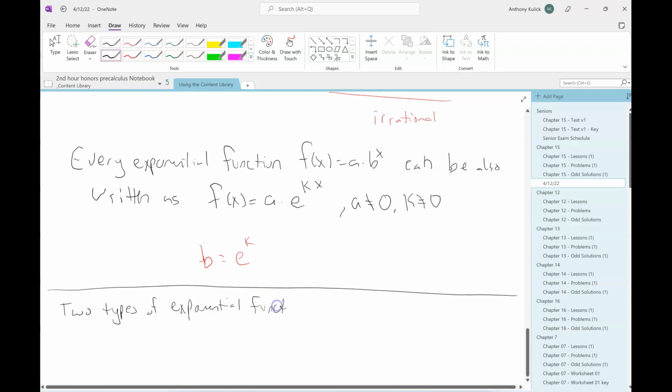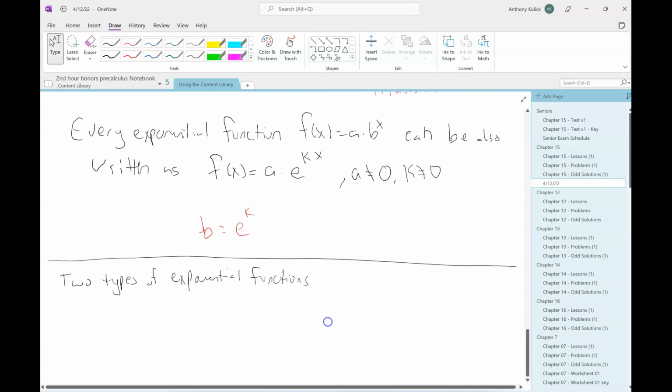So we have two different types of exponential functions. We have exponential growth, and exponential decay. So the growth is if the a value is positive and the b value is greater than 1, or if the a value is positive and the k value is greater than 0.